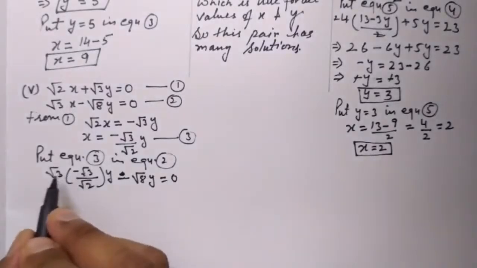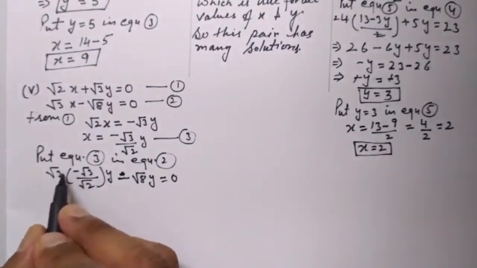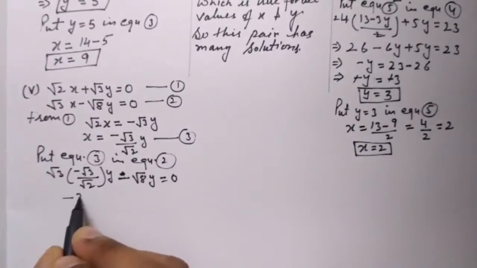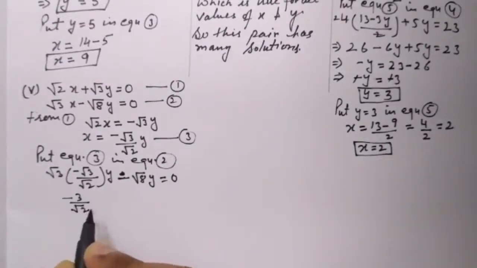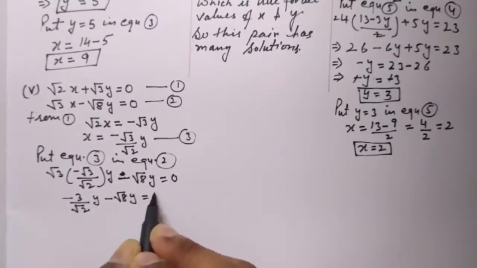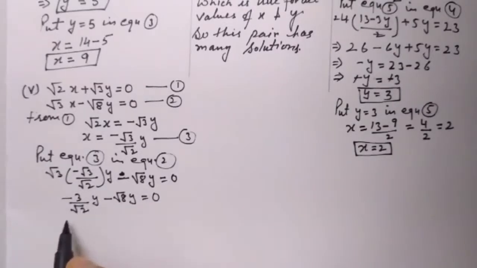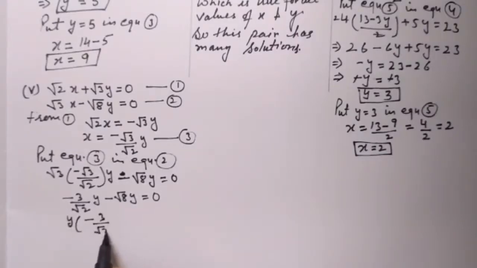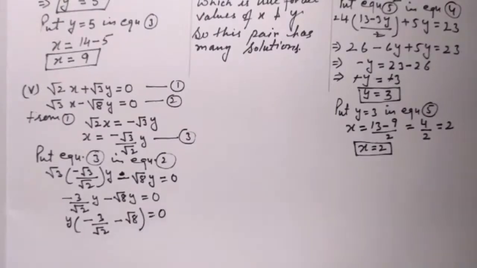Now multiply these, it becomes root 3 into root 3 is 3. So minus 3 over root 2 y minus root 8y is equal to 0. Now from here we can take y as common. So it becomes y times minus 3 over root 2 minus root 8 is equal to 0.